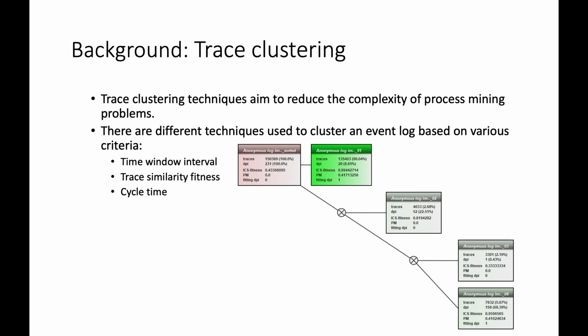But if something completely different happens, or maybe some other department does the process completely differently, then this will have a different similarity. These similarity measures can be defined from very different perspectives, for example, Levenshtein distance. We can define basically an infinite number of different measures in order to cluster the process, for example, cycle time or price per trace.